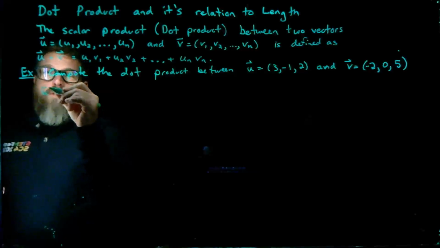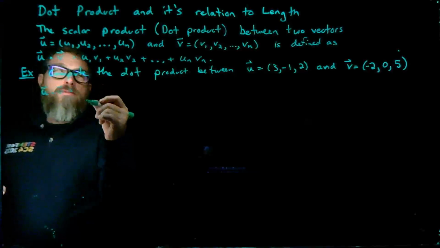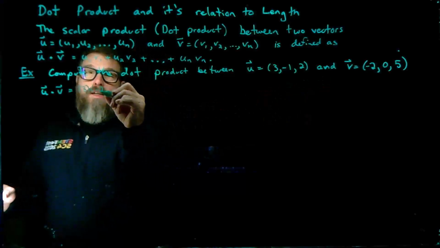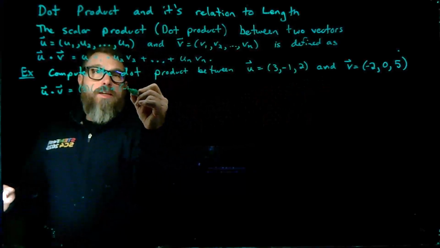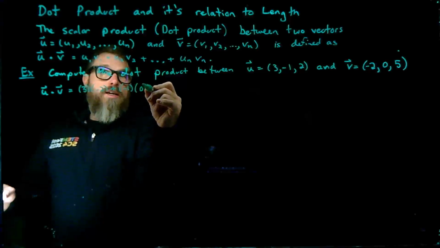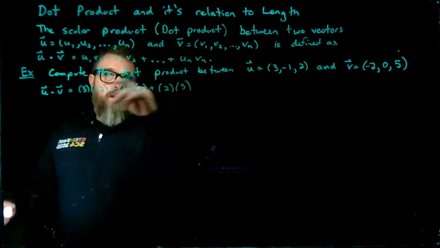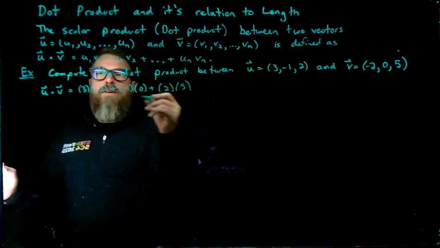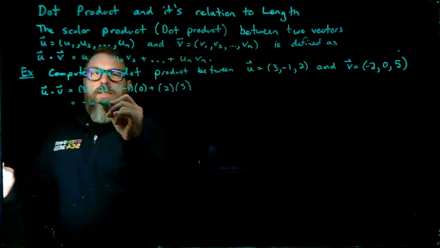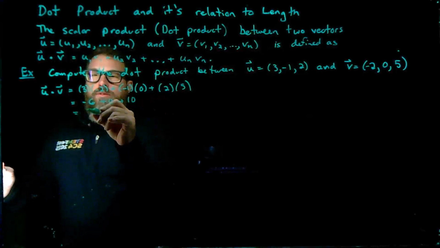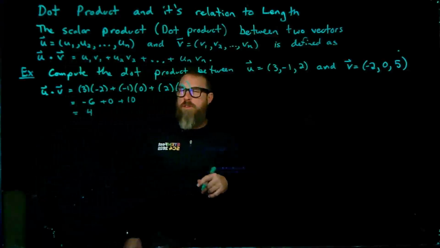So u dot v is going to be equal to, well, I have to multiply the first two components, so this is 3 times negative 2, plus the multiplication of the second component, negative 1 times 0, plus the product of the third components, which is 2 times 5. So then when we're done, we're going to have minus 6 plus 0 plus 10. So the dot product between these two vectors is going to be 4.